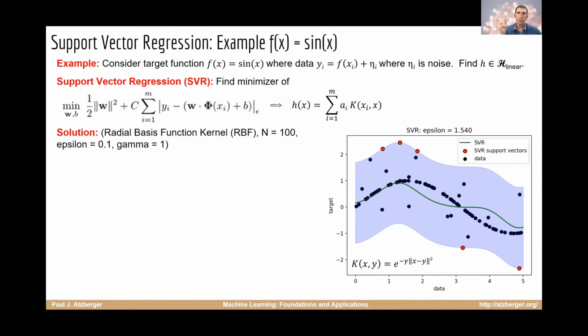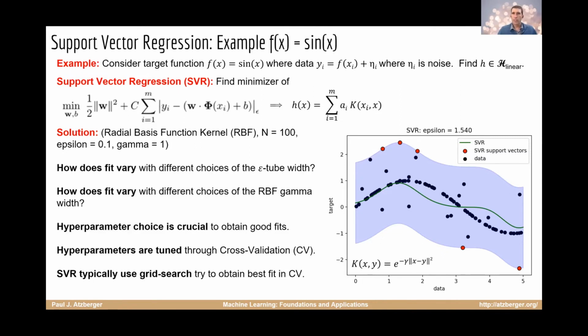Remember the difference we had there with alpha i and alpha prime. The black and red points are my data points. The green curve is my initial solution with an epsilon of 1.5. I believe I chose gamma to be 1, so this will be a bit smoother than the initial RBF case I showed before, where I had gamma 10.